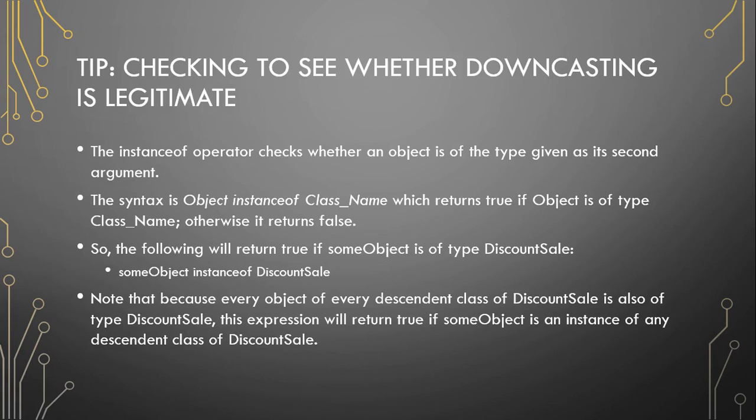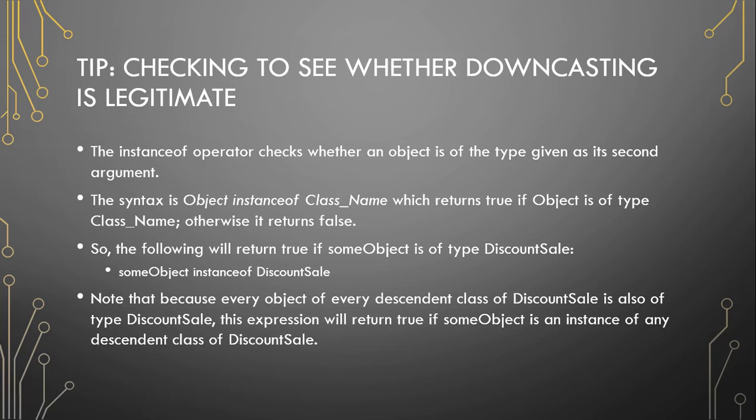Now, this is important because every object of every descendant class of DiscountSale is technically also of type DiscountSale. So if you had a descendant class of DiscountSale, let's say one called SuperDiscount, well, if you have a SuperDiscount, that's still technically a DiscountSale. Therefore, that expression is going to return true if someObject is an instance of any descendant class of DiscountSale.